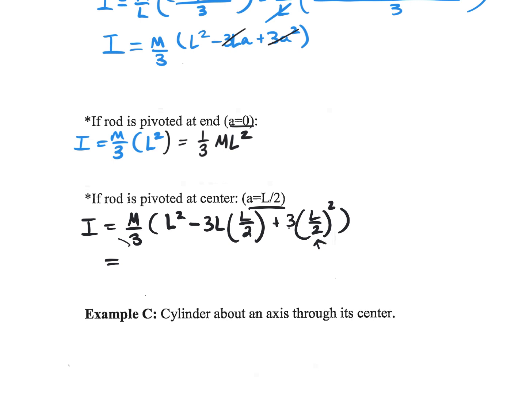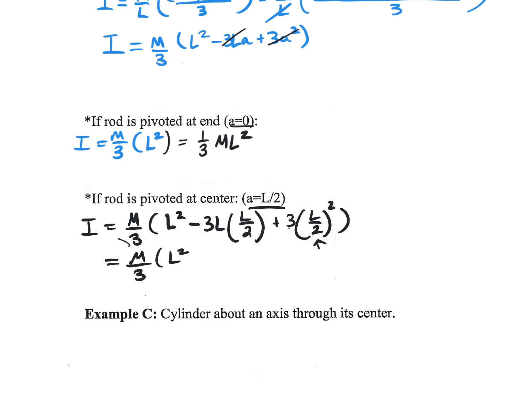So we have 3L squared over 4. So we have 1 plus 0.75 minus 1.5. In other words, we have M over 3.